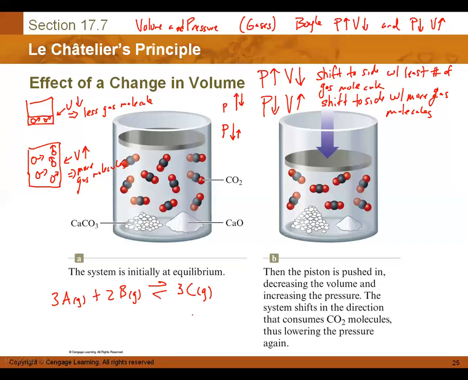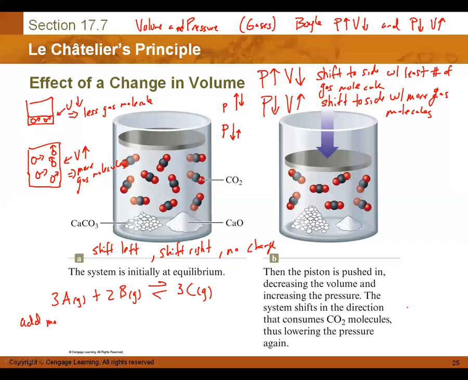And you take a minute or so and try to figure out which way it's going to shift. So what you want to know is, will it shift to the left? Will it shift to the right? Or will there be no change? So let me just give you a few different options, and then you can think about it, and then we'll talk about it. Let's say in this case, we added more A.